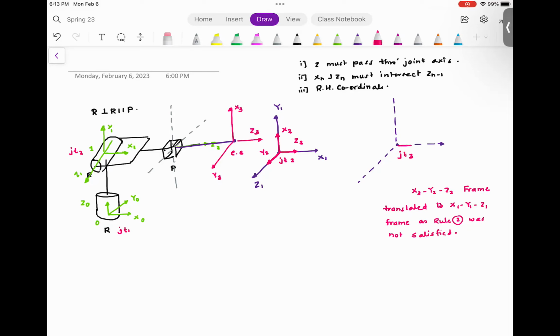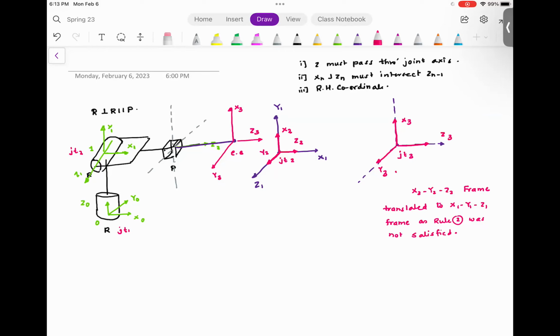On joint 3, I have Z3, I have X3, and then I have Y3. Before I proceed further, I want you to confirm that for the frame X3, Y3, and Z3, all 3 rules are satisfied.